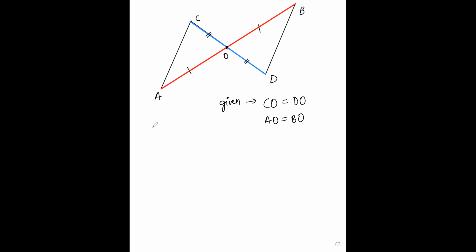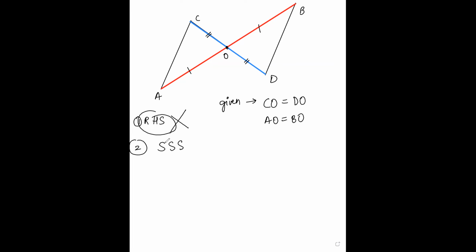See, Hiba, till now, what all have you learned? You have learned 3 congruence criteria, right? Number 1, you have learned RHS. But for RHS, you need a right angle triangle. Over here, you don't have any right angle, so you cannot judge by this rule. The other one was SSS.